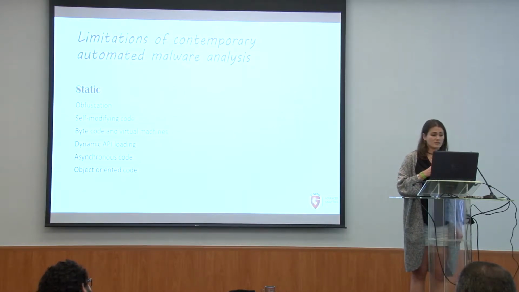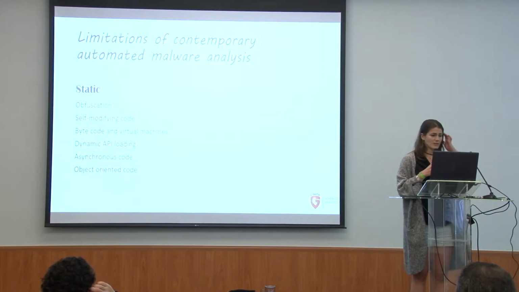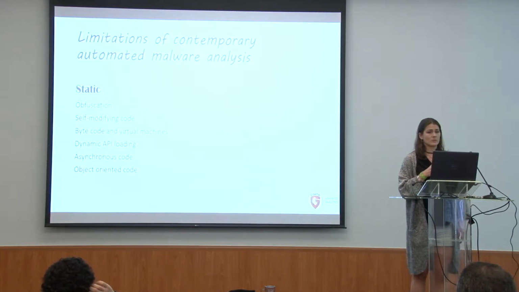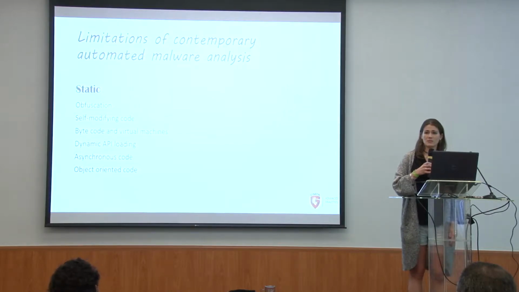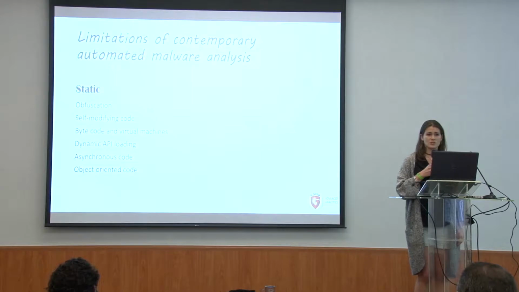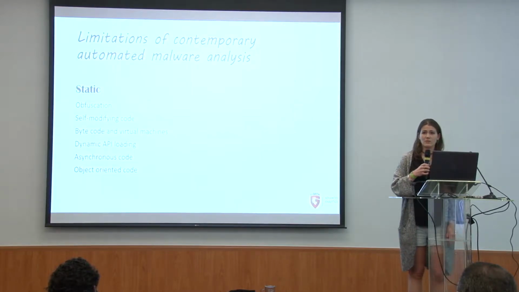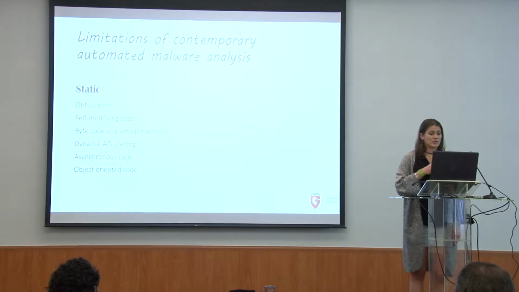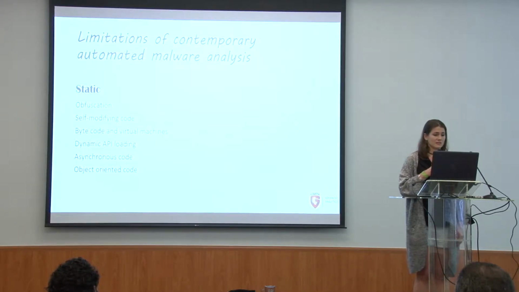Actually, there are a lot more reasons than listed here, but summarizing them, we usually have to deal with runtime packers, with code obfuscation that makes the code unreadable at first glance. We have self-modifying code, which changes its behavior or its structure at runtime. We have virtual machines that parse bytecode, which is usually not that easy to analyze statically or very cost-intensive.